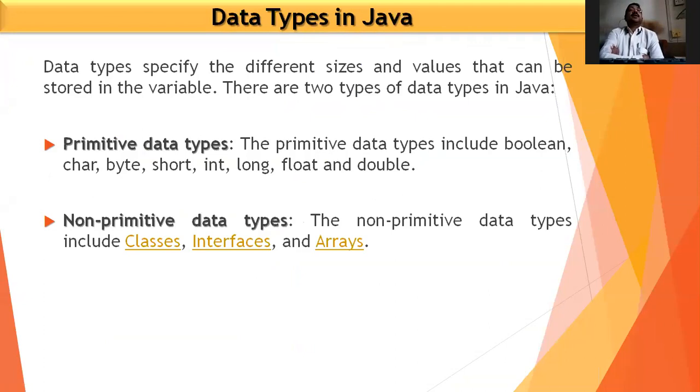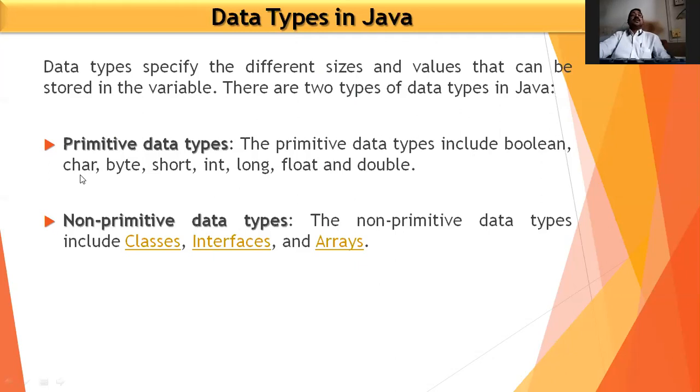The two types are primitive data types and non-primitive. What are the primitive data types? These include Boolean, character, byte, short, integer, long, float, and double.